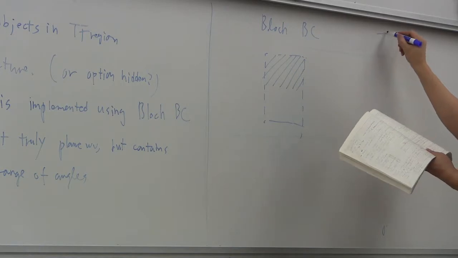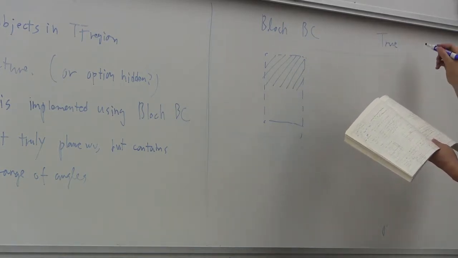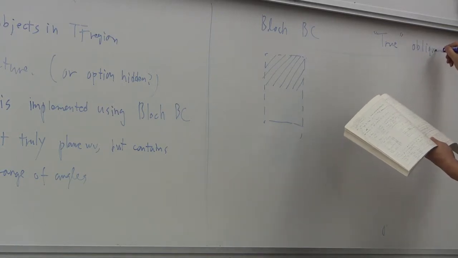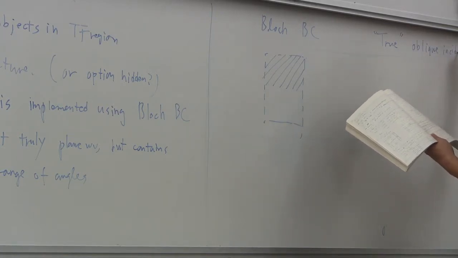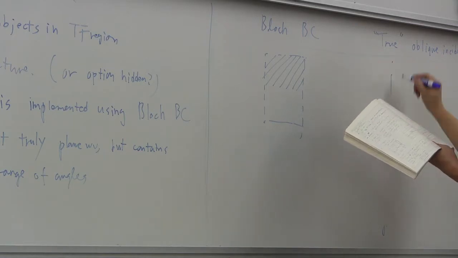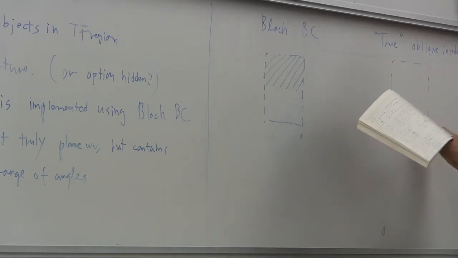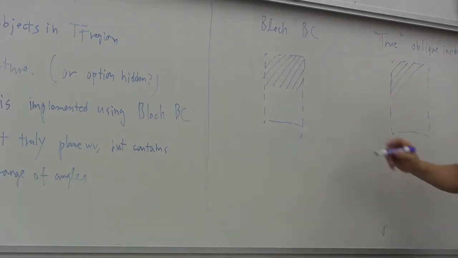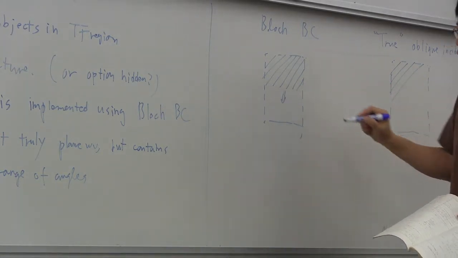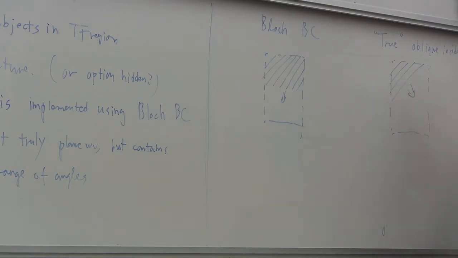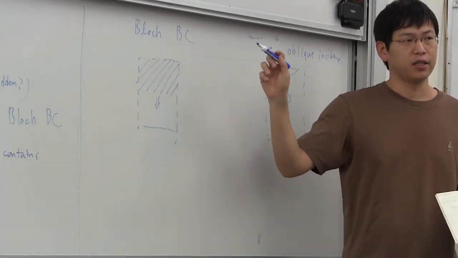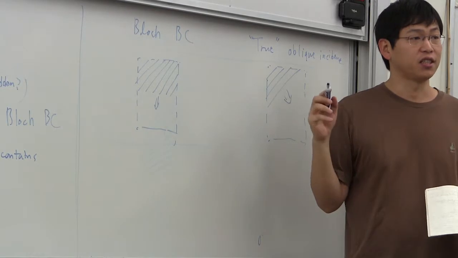But true oblique incidence looks something like this. So this part propagates this direction, and this part propagates in this direction. So there is a difference, and this one has a range of angles, as I discussed last time.